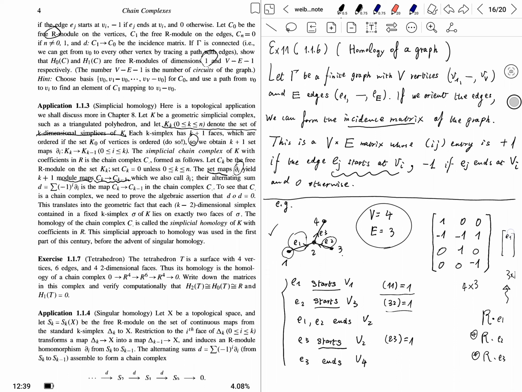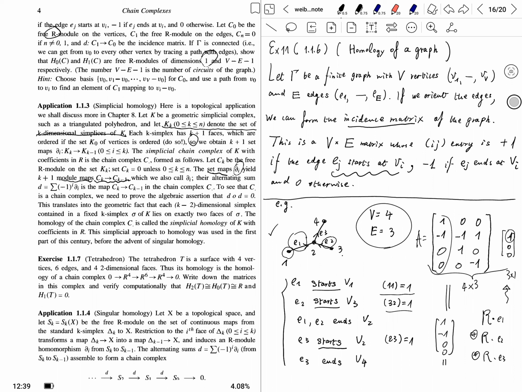E1 corresponds to 1, 0, 0. Computing this tells you exactly 1, -1, 0, 0, right? Because this is just a linear combination of the column vectors of this matrix A. Basically, I use the first component multiplied by the first column, and that gives you this.